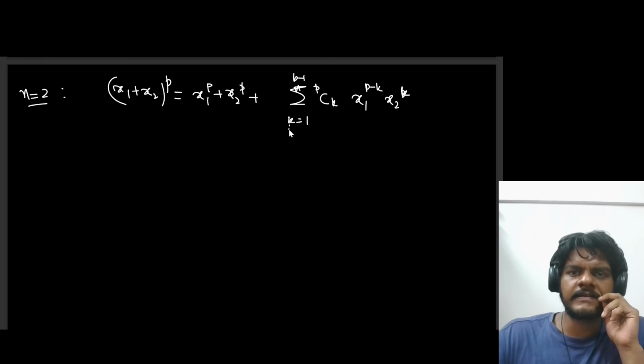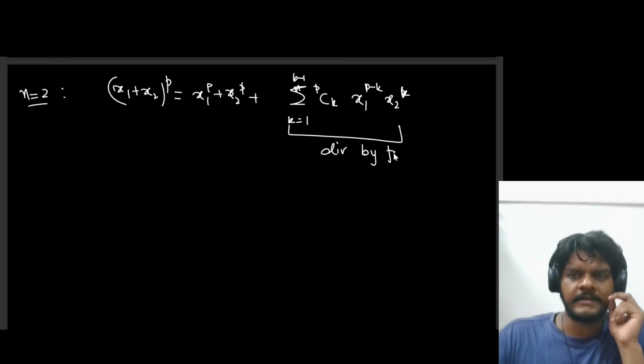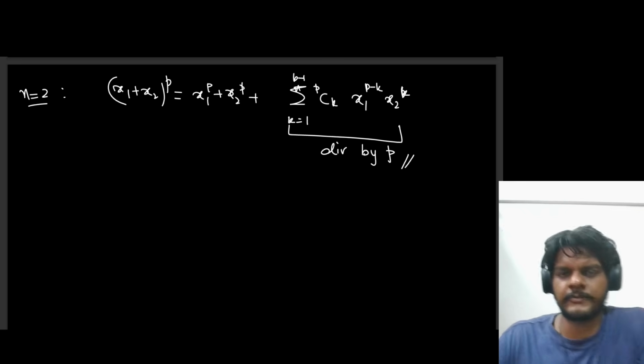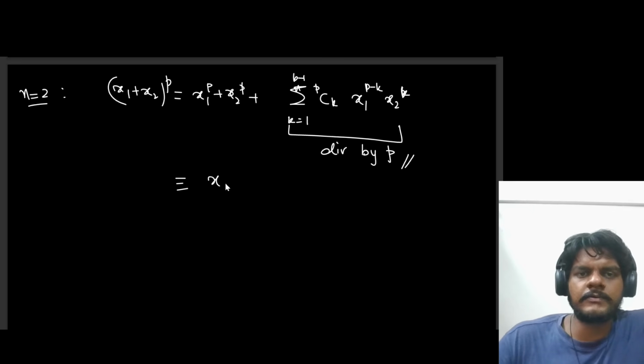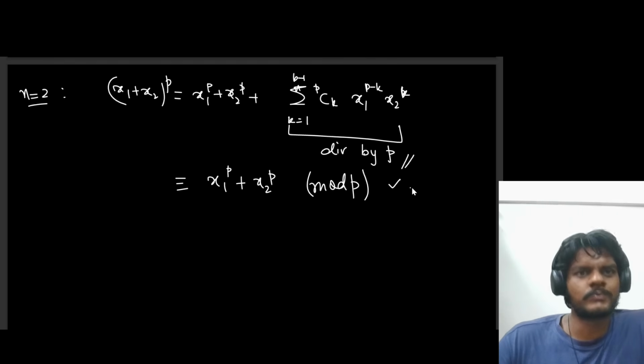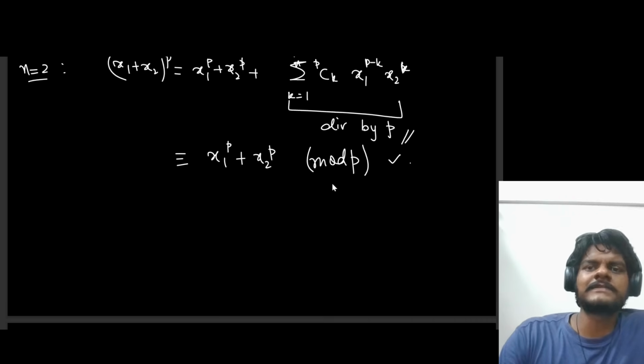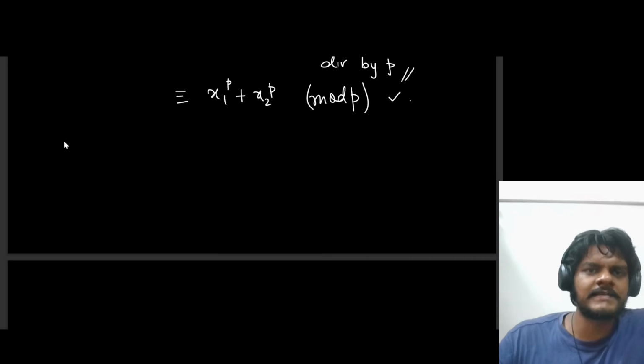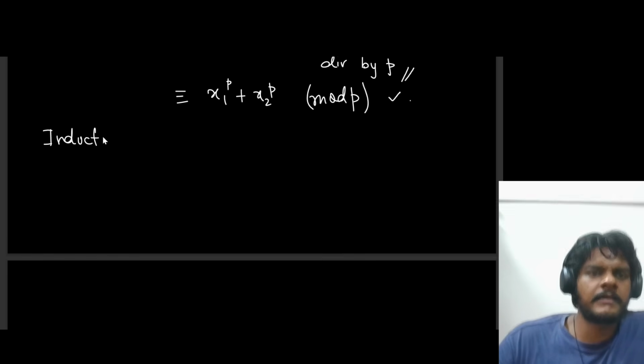So these things are there. All of this is divisible by p because of the previous proposition. So this is congruent to x1^p + x2^p mod p. So this is true. Now we use induction on n. Let us say, so inductive step, inductive presumption.